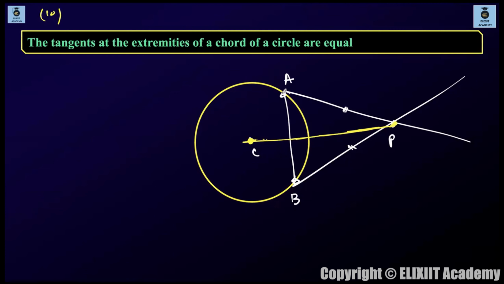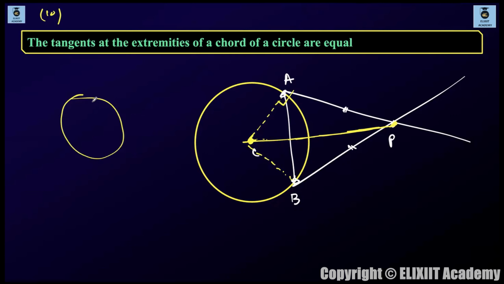Now look at these two triangles. How am I going to prove this? I am joining this center, I am joining this radius. This is the radius, right? And here also we have the radius. Now the tangent and the radius will always subtend an angle of 90 degrees. Obvious reasons.